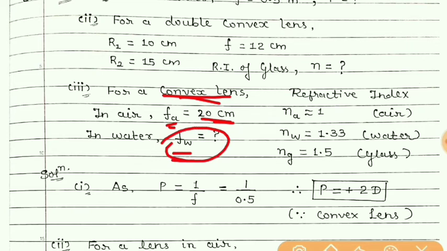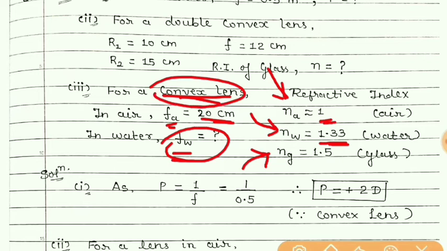Now students, here refractive index of air we used to take 1, refractive index of water is 1.33, it is given, and the glass of which the lens is made up of, its refractive index is 1.5.